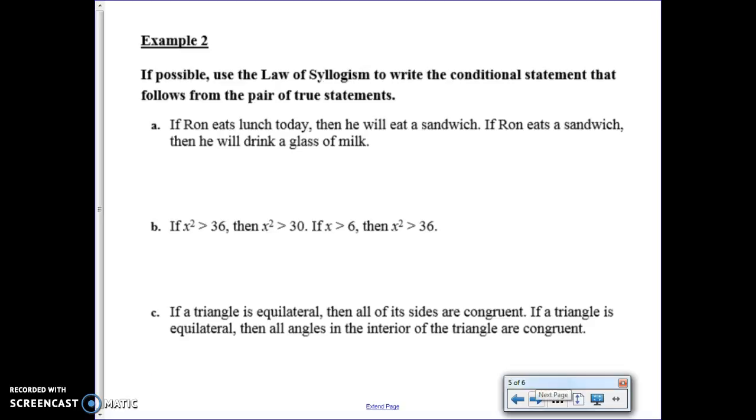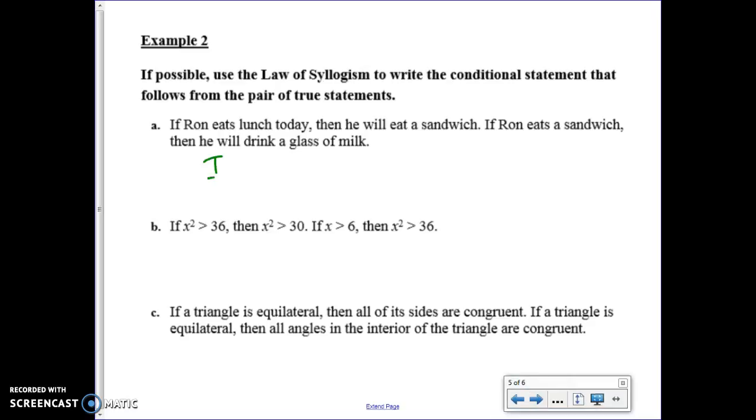Okay, this says, if possible, use the law of syllogism to write the conditional statement that follows from the pair of true statements. Okay, so looking at this, it says if Ron eats lunch today, then he will eat a sandwich. If Ron eats a sandwich, then he will drink a glass of milk. So if he eats lunch, then he eats a sandwich. If he eats a sandwich, then he'll drink a glass of milk. We're trying to take this basically from the beginning statement to the end statement here.